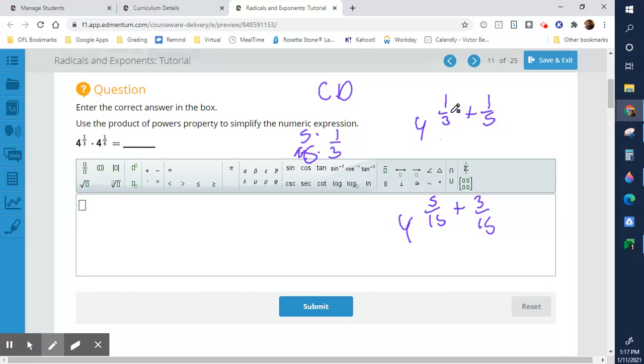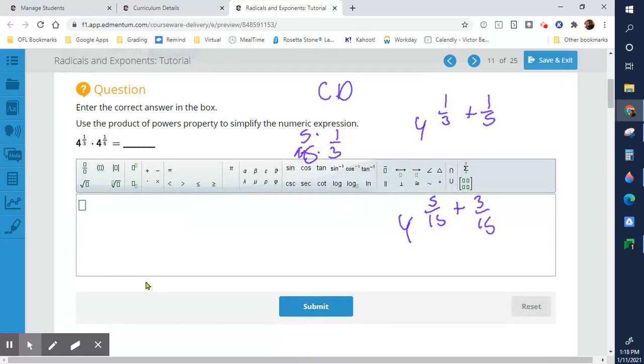So 5 plus 3. Technically, we're supposed to divide first, but with fractions, as long as we're dividing by the same thing, we can just add them together. It's fine. So let's see if we get that 8 over 15. And it is. All right, let's move on to the next one.